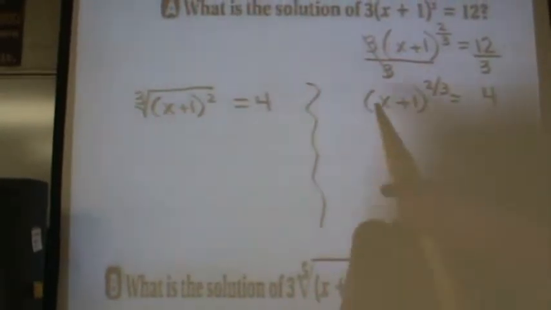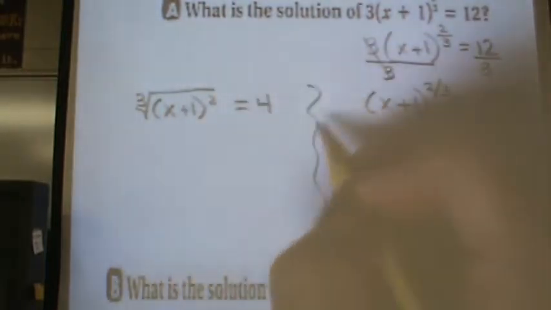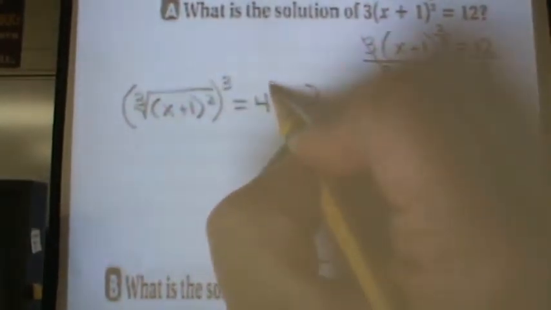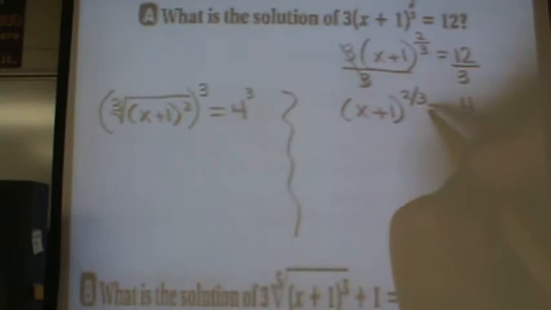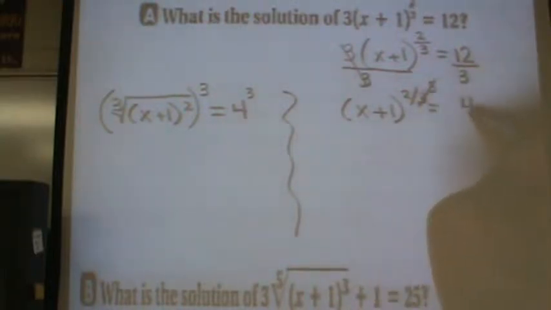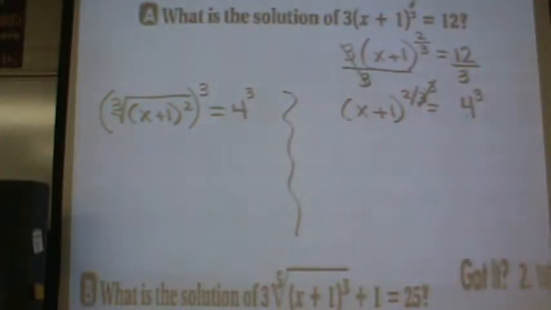The first thing I want you to do is get rid of the cube root. So you're gonna have to raise both sides to the third power. What I like doing is looking at the denominator and getting rid of that 3.